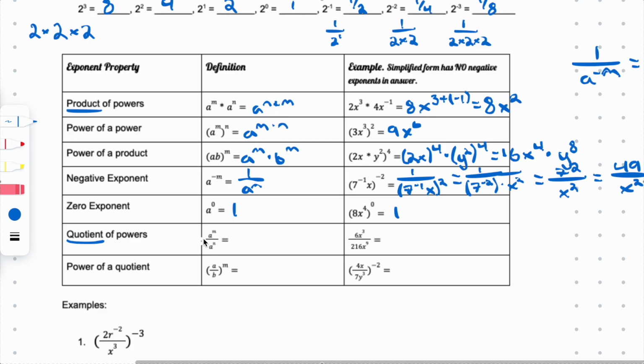Now, here we're dividing those two exponential terms. What do you think we're going to do with the exponents? What's the opposite of addition? Yeah, so we're going to subtract. So we do a to the mth power minus n.